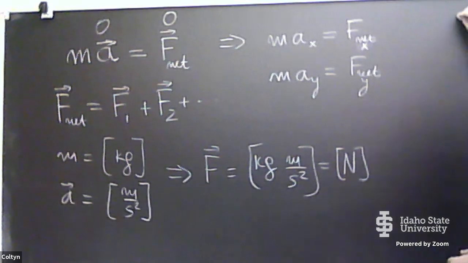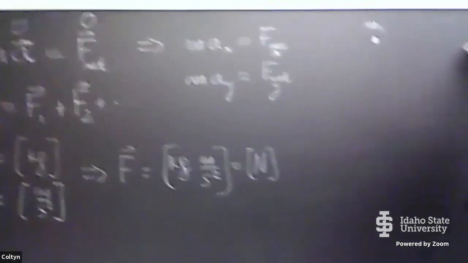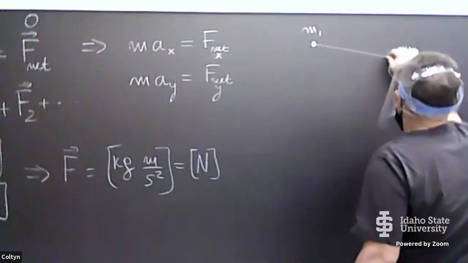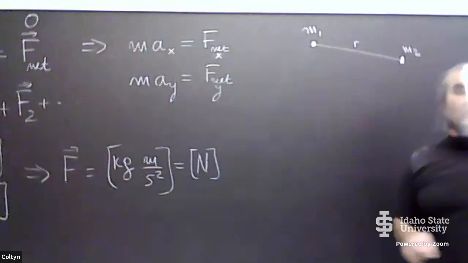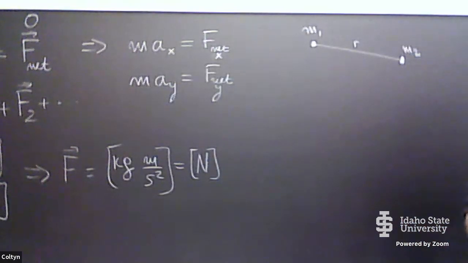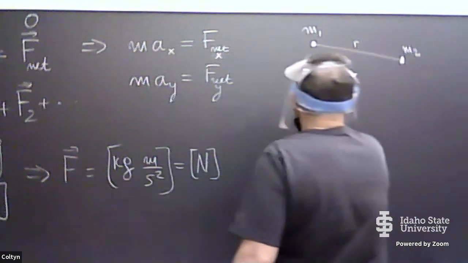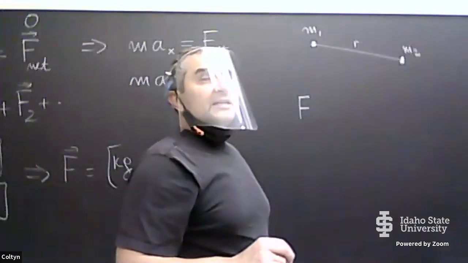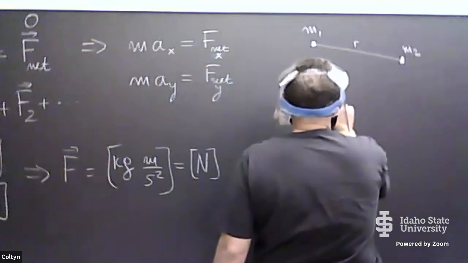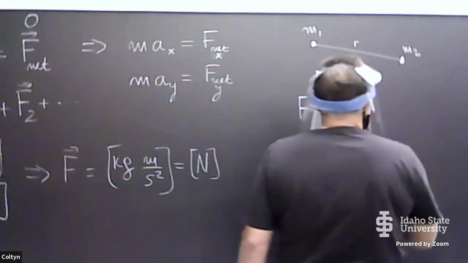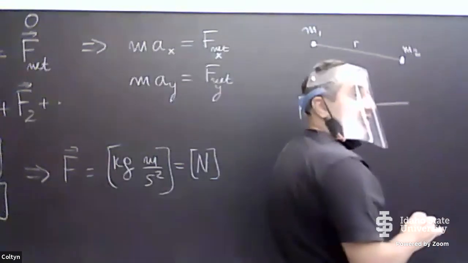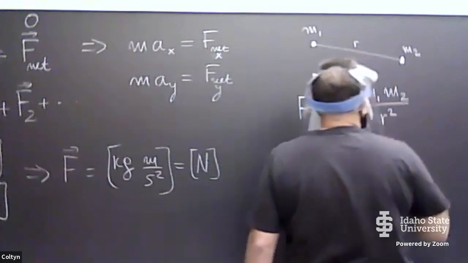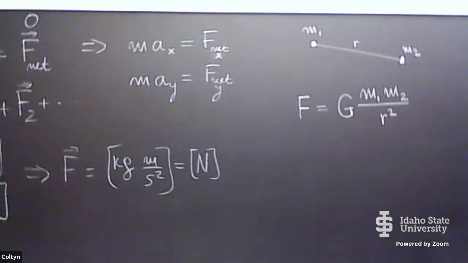So if you have one object right here with mass m1, and another object somewhere here with mass m2, and the distance between the 2 objects is r, Newton's law of gravitation, a fundamental law of nature, says that there is an attractive gravitational force appearing between those 2 objects, and the magnitude of that force is given by a constant, the gravitational constant, capital G, times the product of the 2 masses divided by the square of the distance between them. Fundamental law of nature.